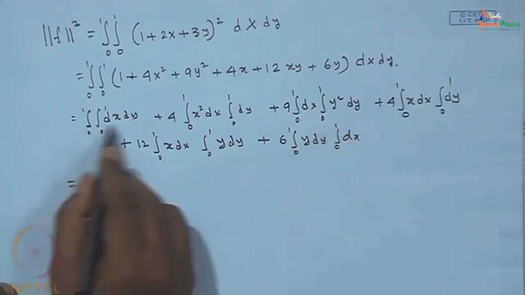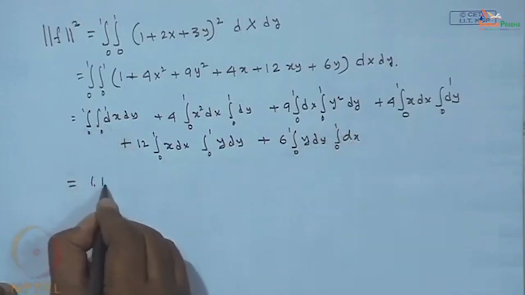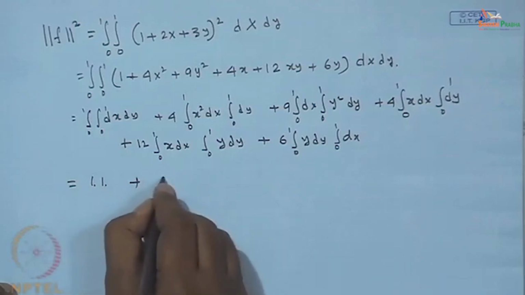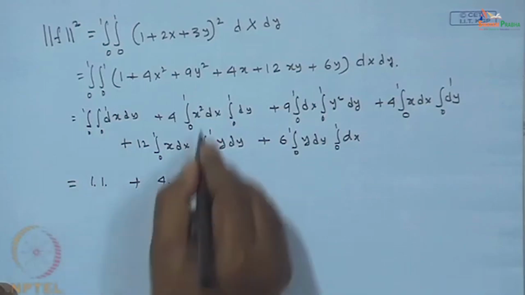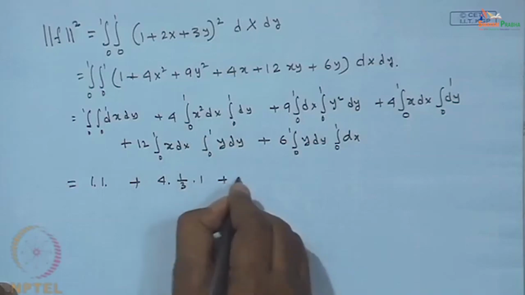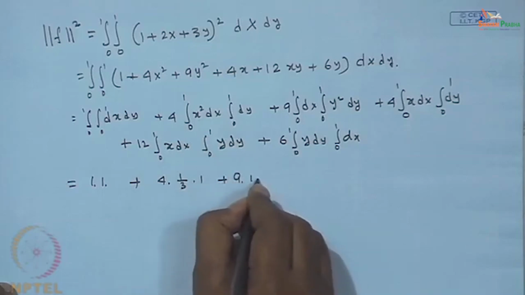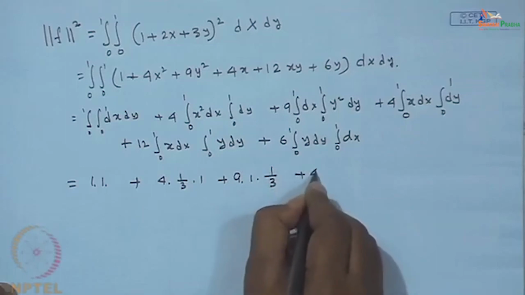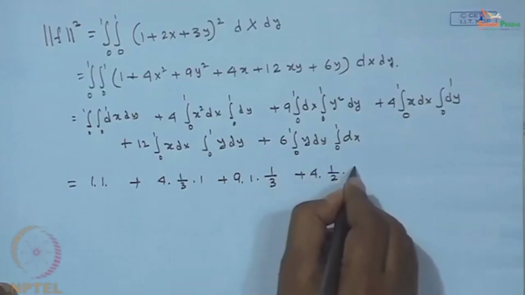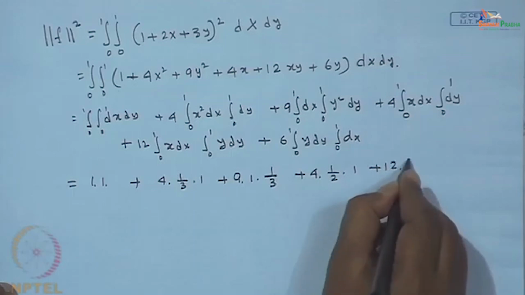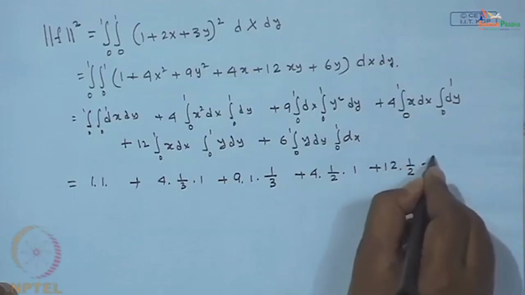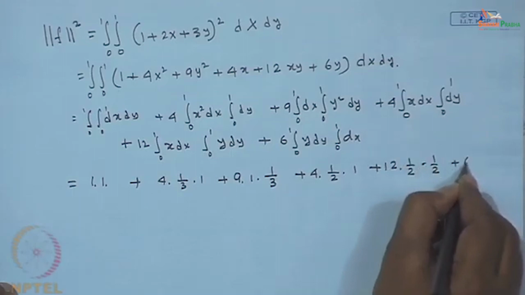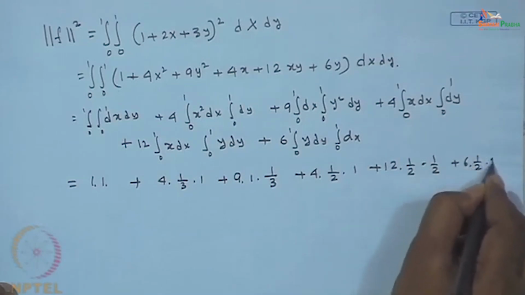So, the first integral will be 1 multiplied by 1. The second integral will be 4 times 1 upon 3 multiplied by 1. Then 9 into 1 into 1 upon 3, plus 4 into 1 upon 2 into 1, plus 12 into 1 upon 2 into 1 upon 2, plus 6 into 1 upon 2 multiplied by 1.